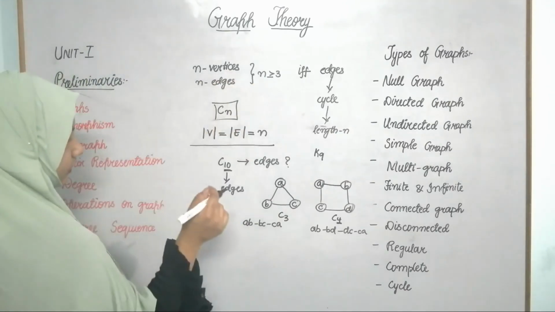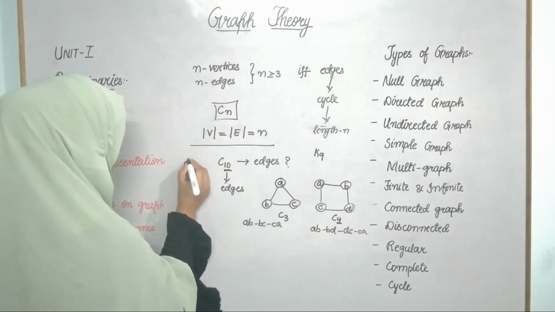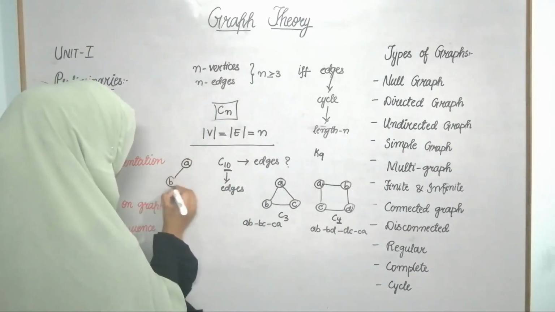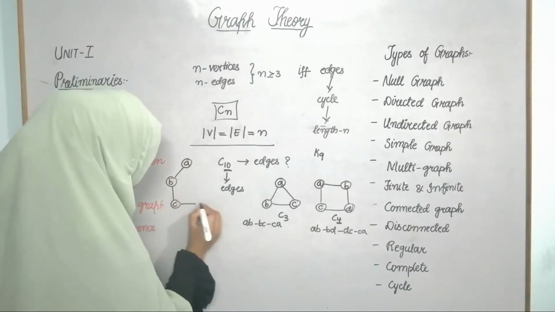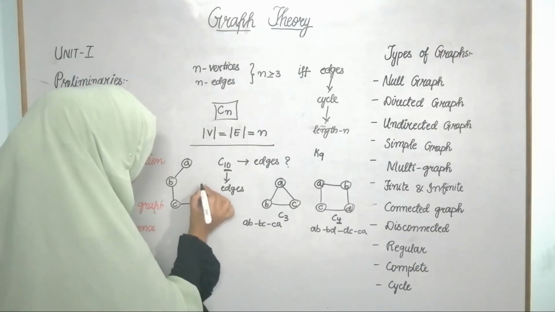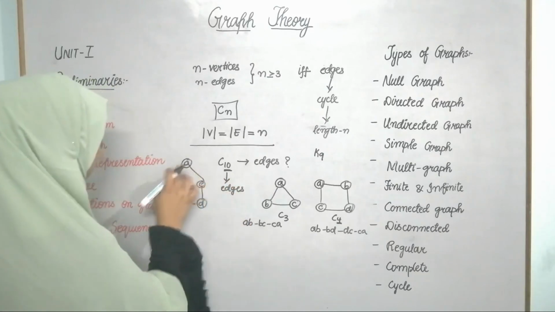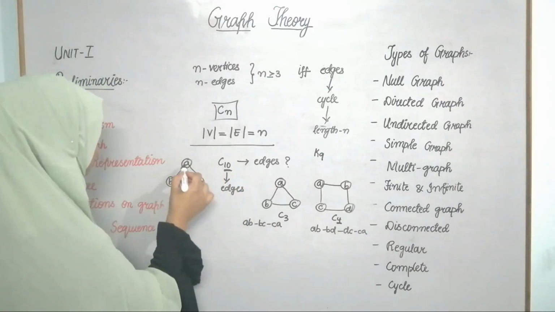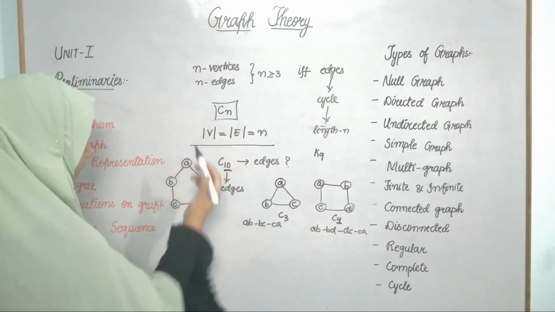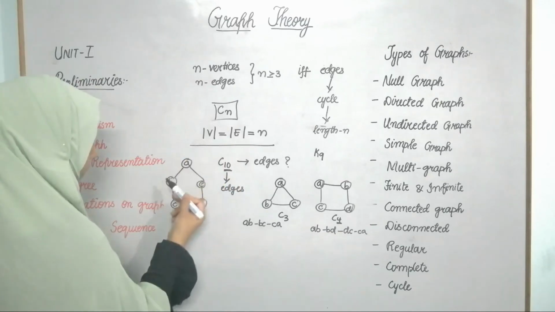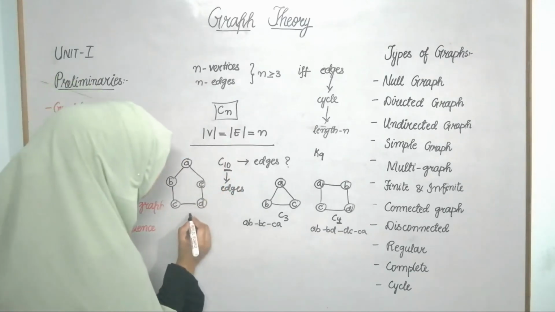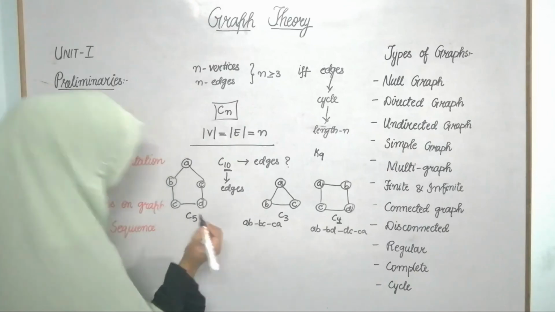Suppose we'll take 5. A, B, C, D, E, and A again. So this is forming a cycle. How many vertices do I have? 1, 2, 3, 4 and 5. So this will be denoted as C5.